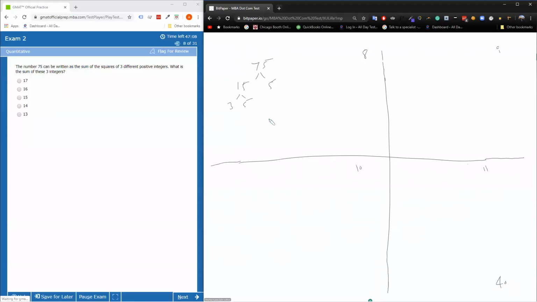The squares. So what different. Actually, I'm just going to write out all the perfect squares and then try and figure it out.